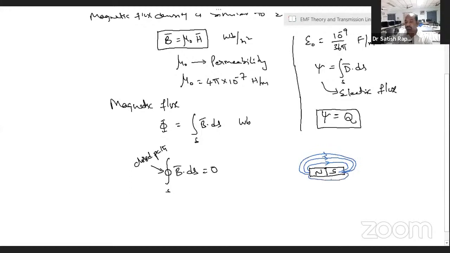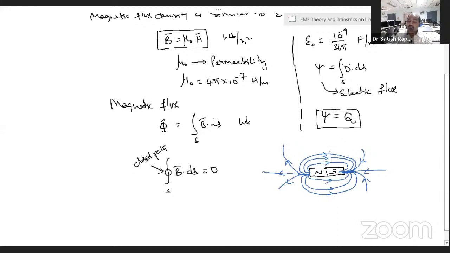These flux lines go on like this, leave here and enter here.